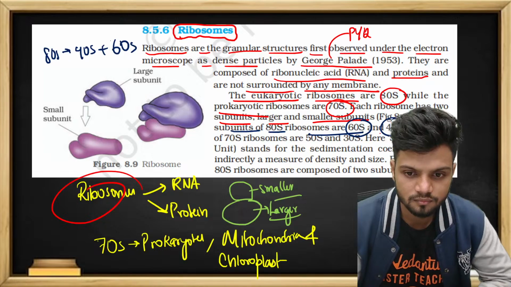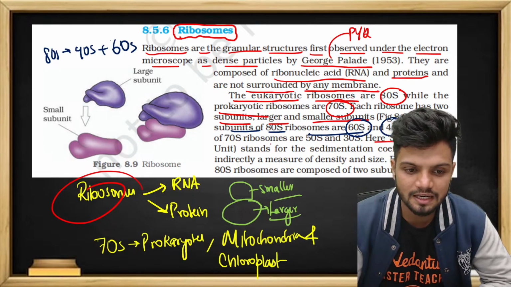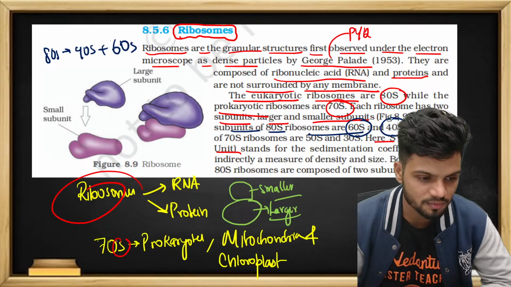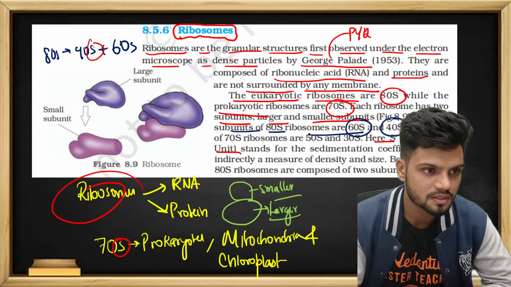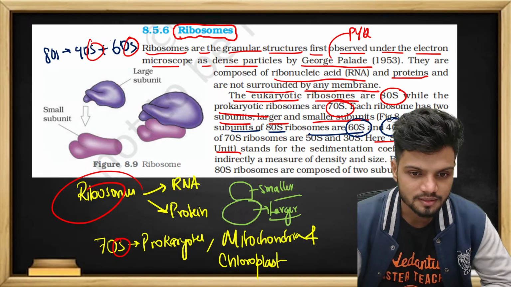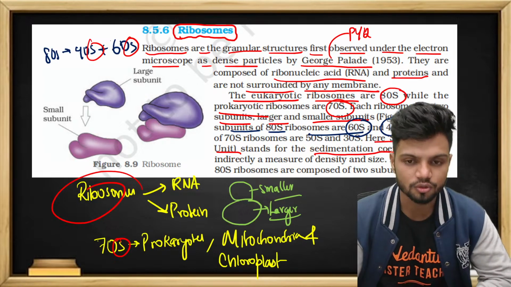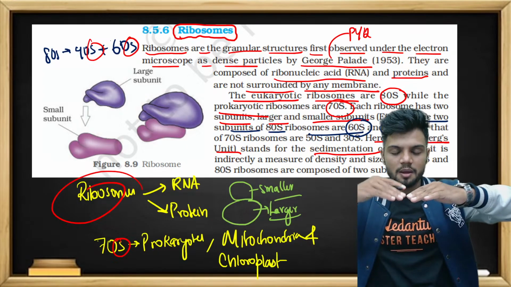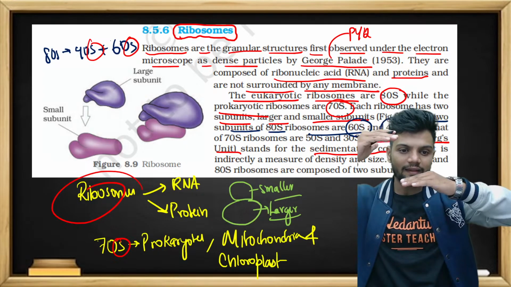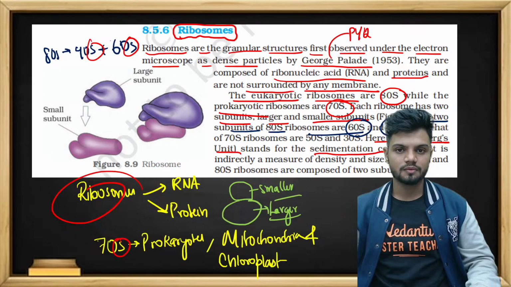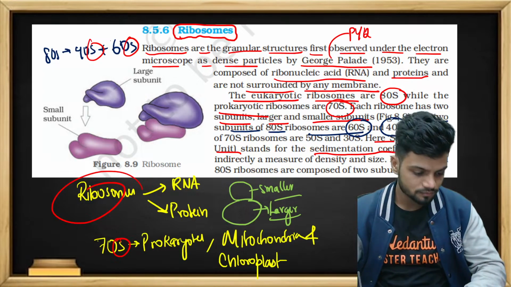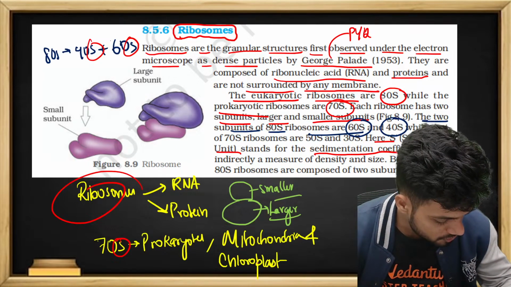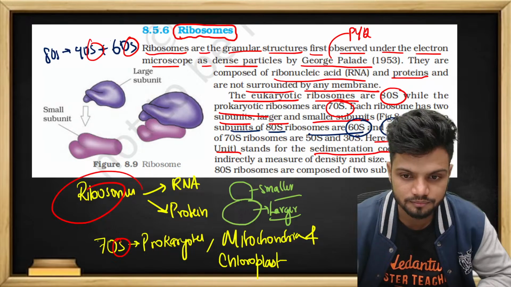Here S means what? S means Svedberg unit. It stands for the sedimentation coefficient, which tells how well a particular subunit or the entire unit can sediment. Based on that we have a value, called the S value, the sedimentation coefficient value.